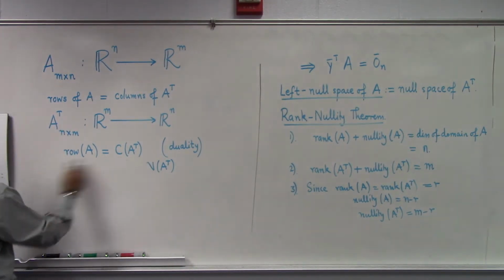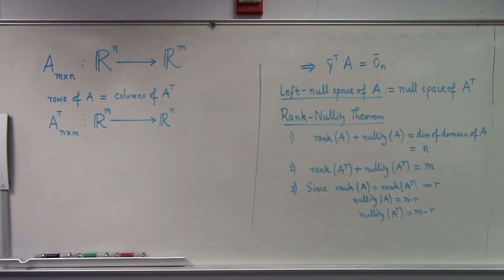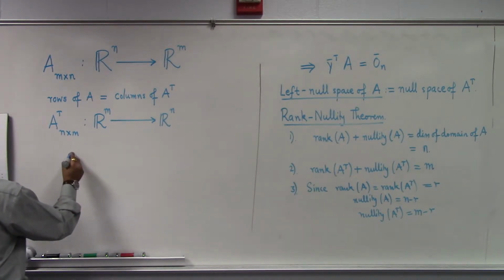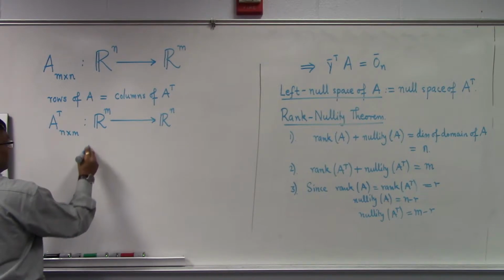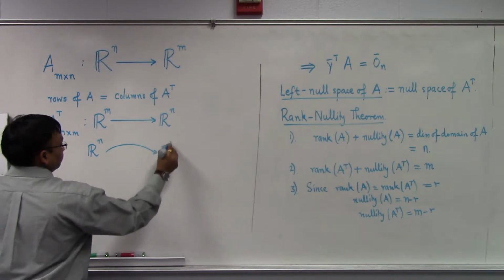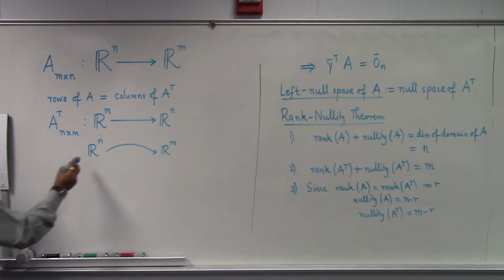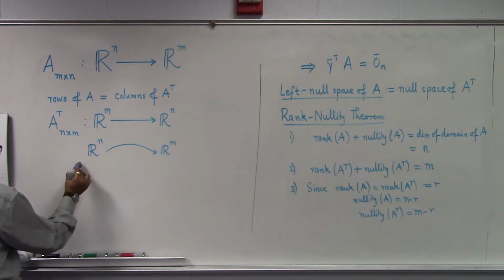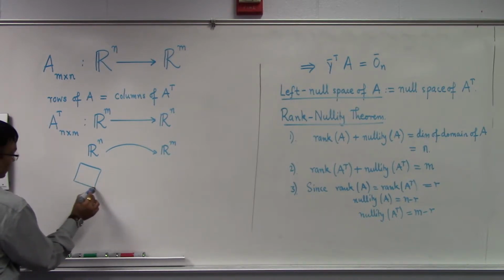Now, before I solve that example, let me also illustrate something that might be of some use to us. Imagine A is a transformation from Rn to Rn. Now, the null space of A sits inside Rn. So imagine this is where the null space of A is.